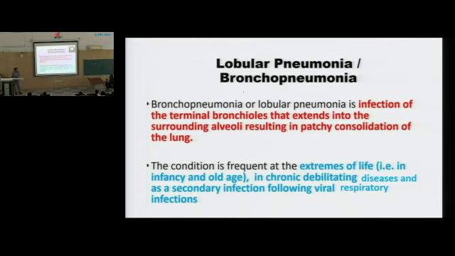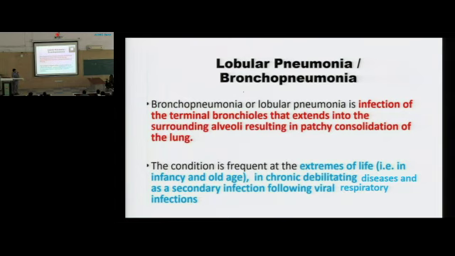We have seen what the terminal lobules are, right? In lobular pneumonia, the affected parts will be a collection of 3 to 5 terminal bronchial structures, what we call the lobules.